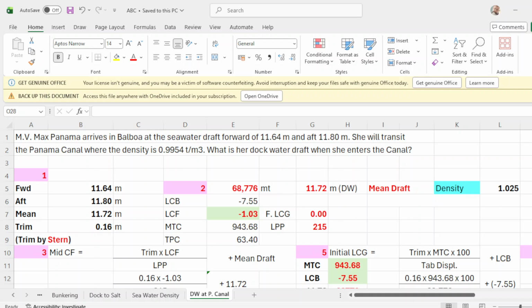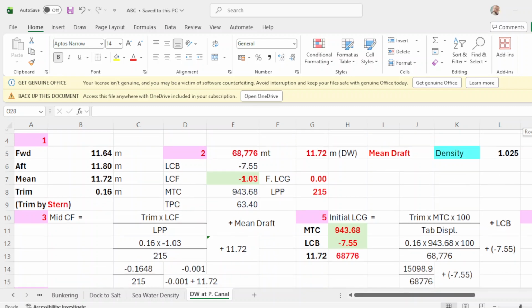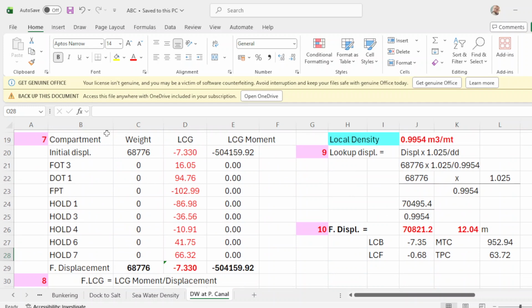So 0 loading and 0 discharge of cargo. So you put all the way 0 here, whatever compartment it is, then your final displacement will be the same as your initial because you have no cargo to load and no cargo to discharge.